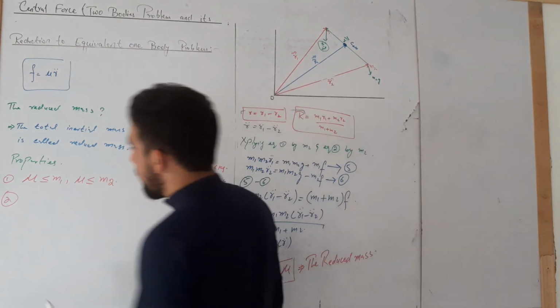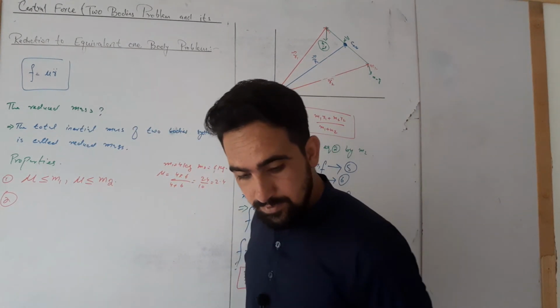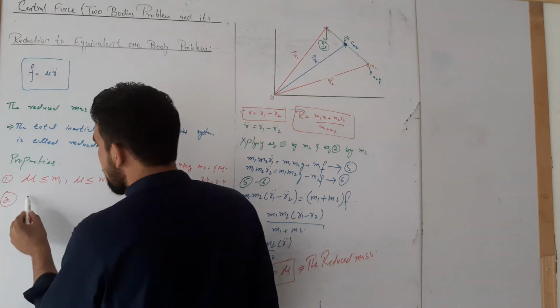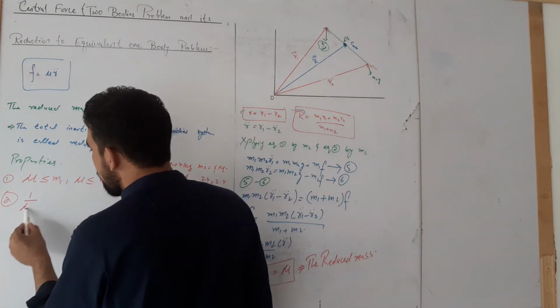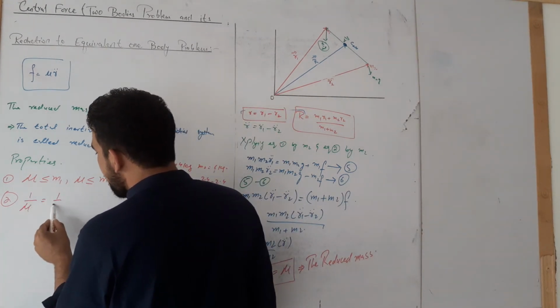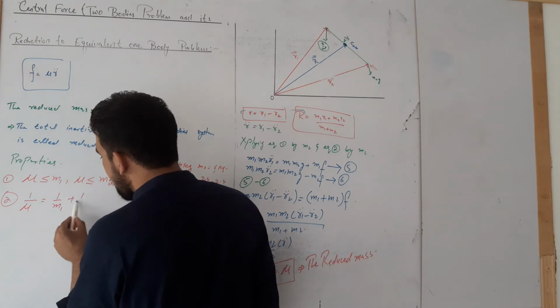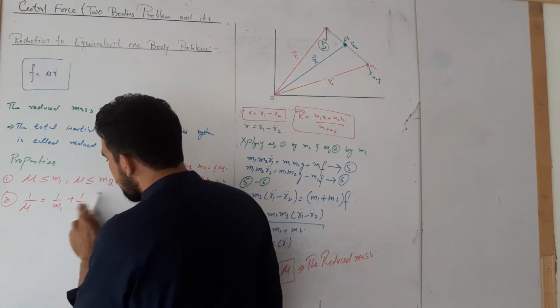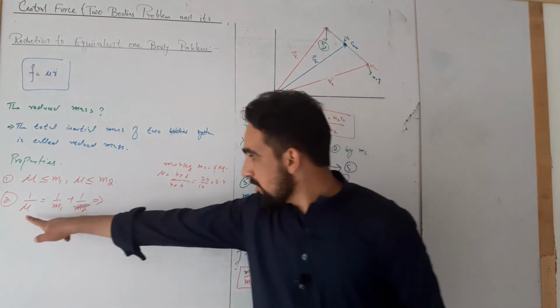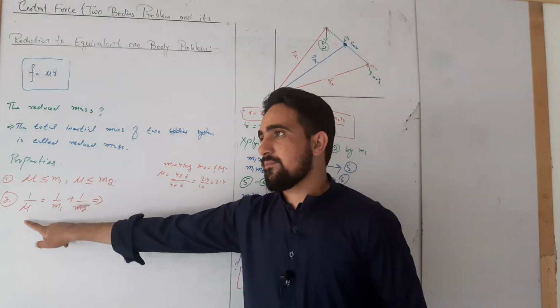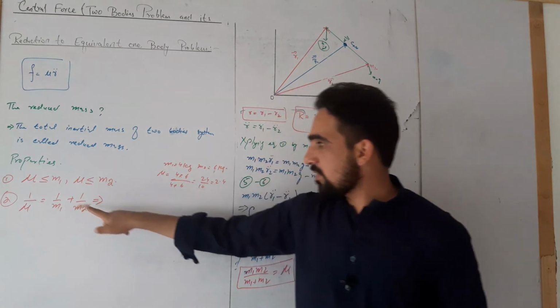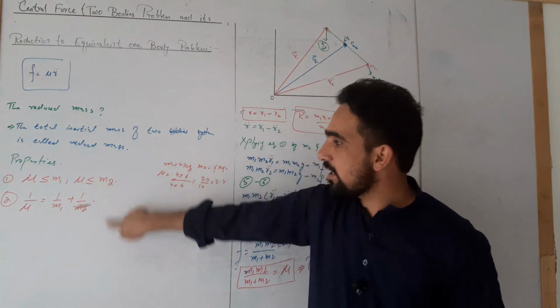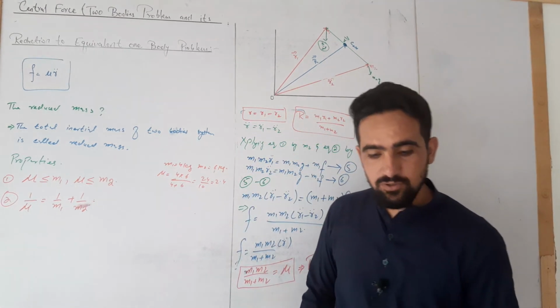Similarly, by definition, 1 over mu is equal to 1 over m1 plus 1 over m2.